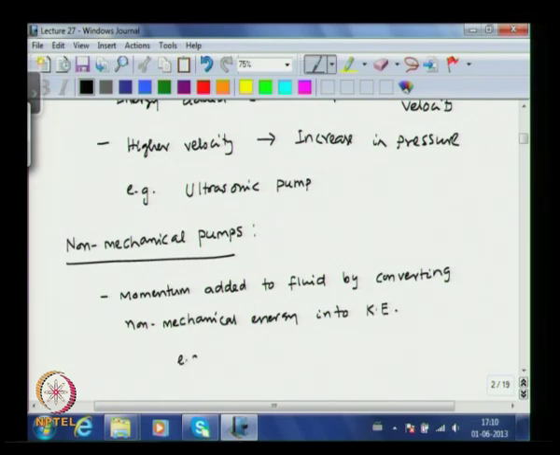And the example could be an electroosmotic micropump. Okay. Now, if we compare the non-mechanical type pumps with mechanical type pumps, mechanical type pumps normally offer higher flow rates, but they are relatively larger in size. Okay. And non-mechanical pumps offer relatively smaller flow rates, but they are smaller and easily integrated with the microfluidic systems.